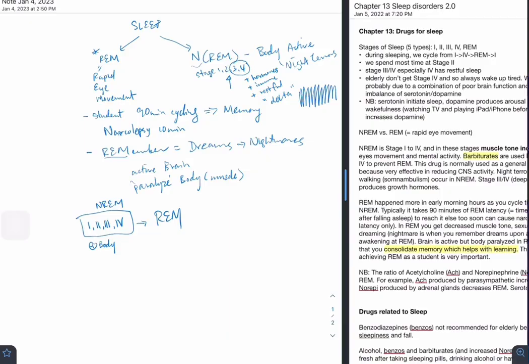When you hit REM, you have an inactive body. At non-REM, you have an inactive brain. When you hit REM, you have a more active brain. You see? By knowing this pattern, you can differentiate at what stage of sleep you're at, or identify problems due to any sleeping disorder.